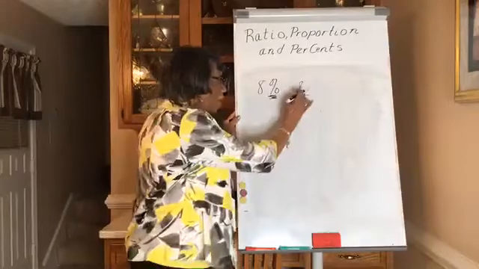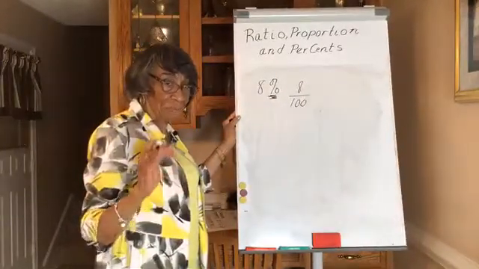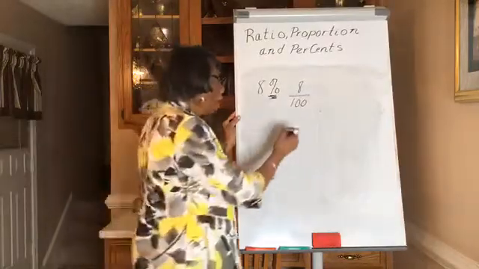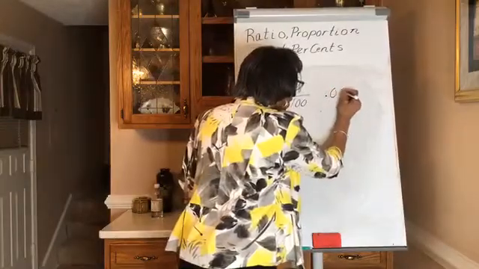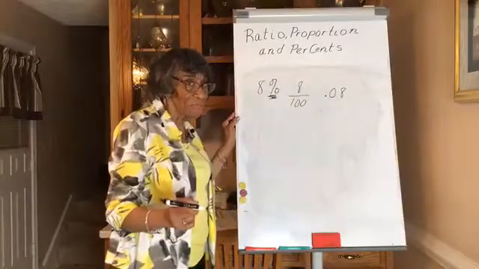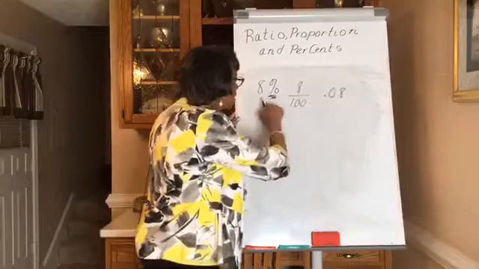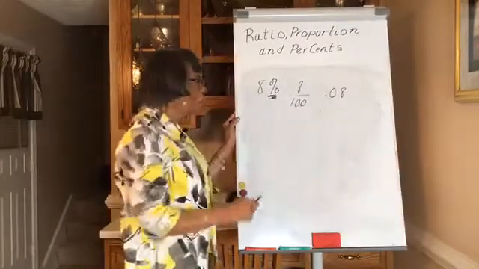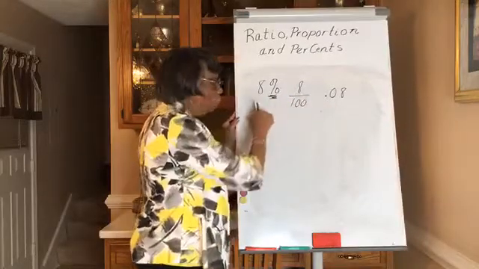I can write this as a decimal. How do I write 8 hundredths as a decimal? I have 2 decimal places, so I have to have a 0 and an 8, because we've already done decimals. All of these say the same thing in a different way, but all of these represent equivalent values.